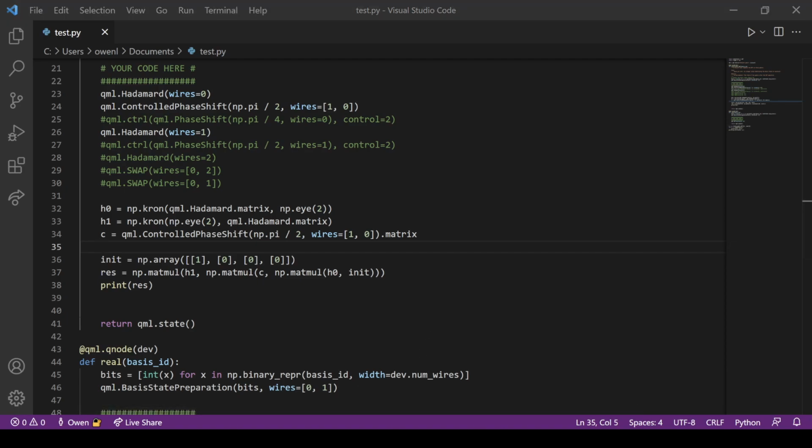I'm confused by why this isn't matching up with what the simulator does. So let me just try something real quick.